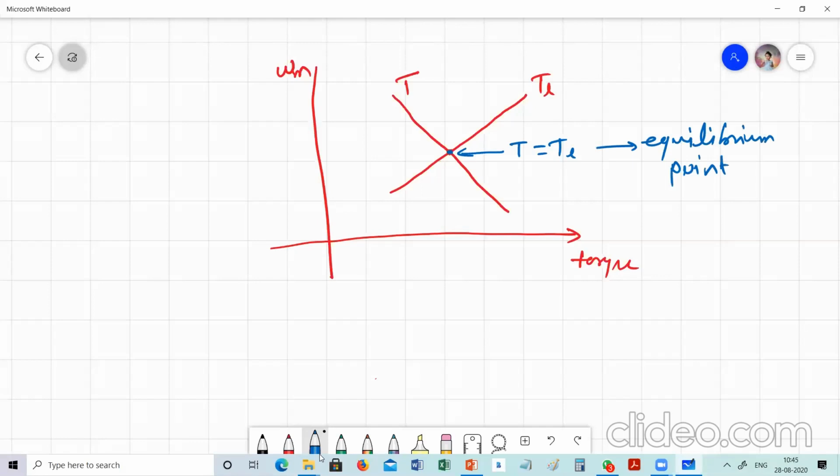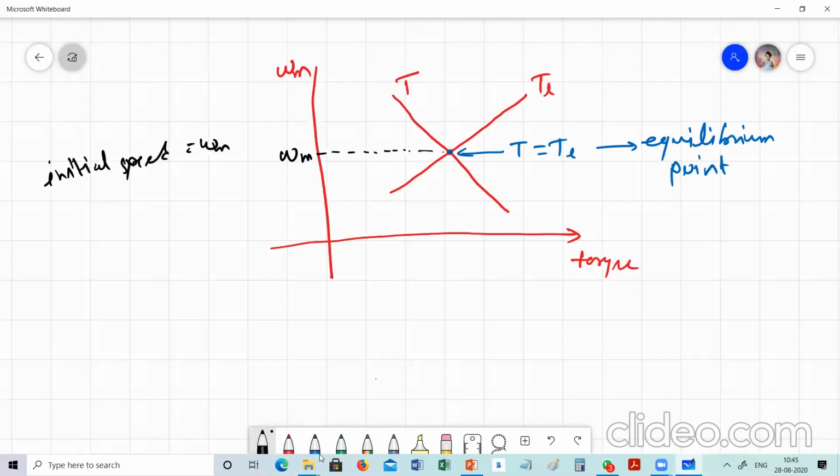Suppose the speed at this equilibrium point is omega m, and because of some disturbance, the speed is increased by an amount delta omega. The initial speed is omega m.